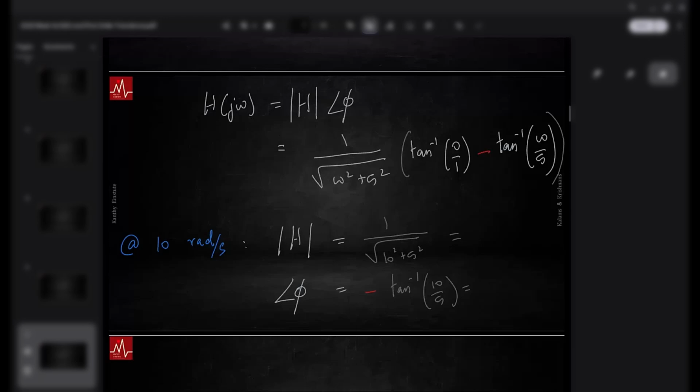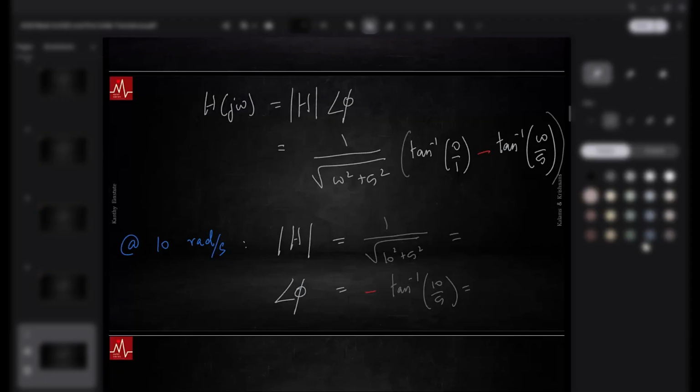I have to do this. So this is square root of 125, 1 divided by the answer. Yeah, amplitude becomes 0.089, so this depends on frequency. That's correct, I also got 0.089.